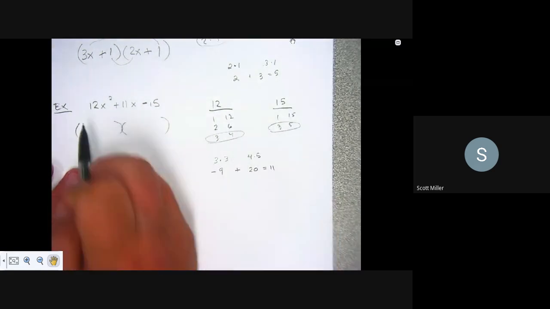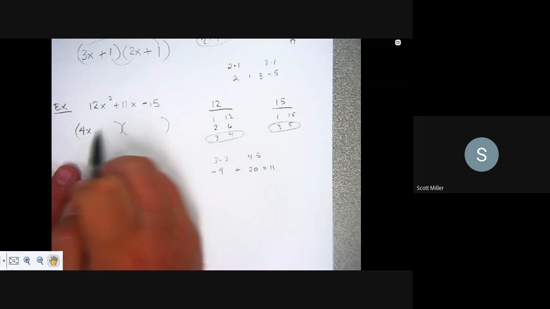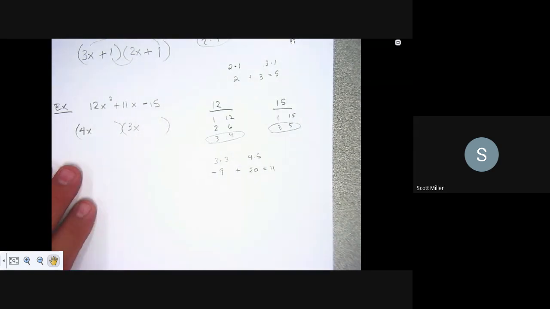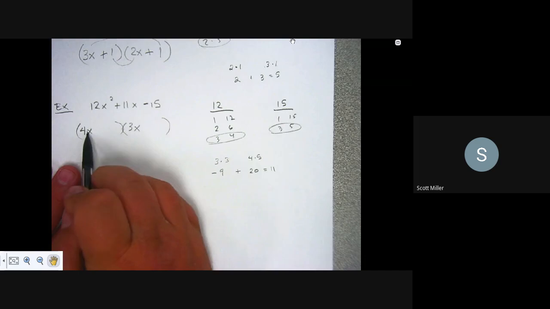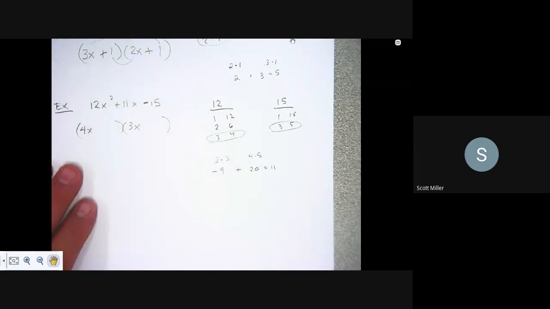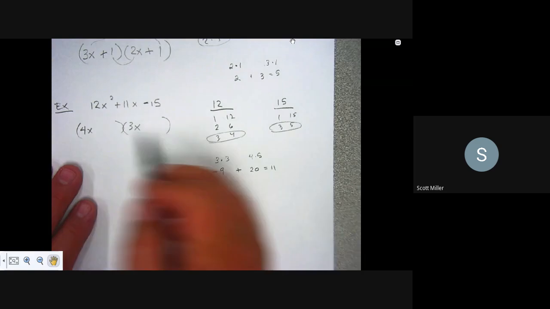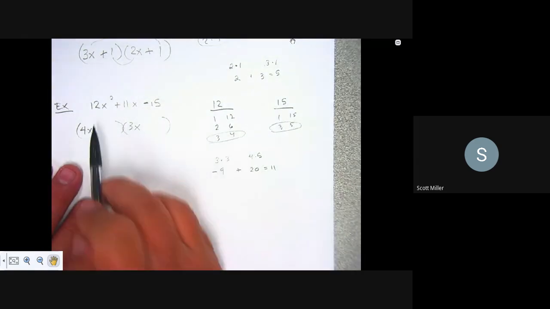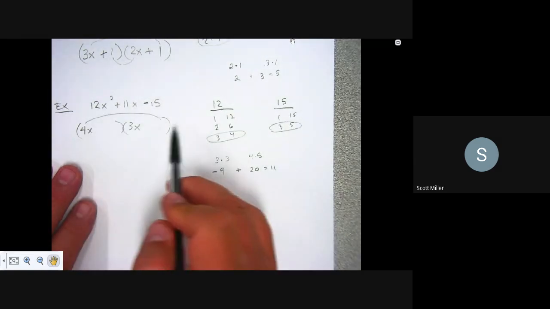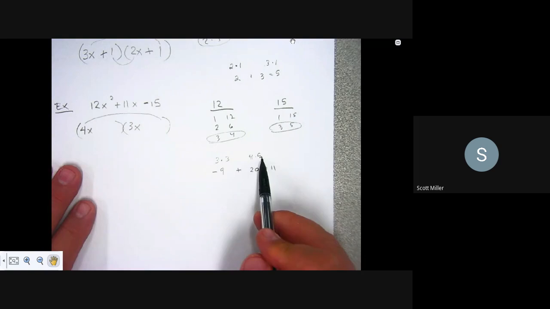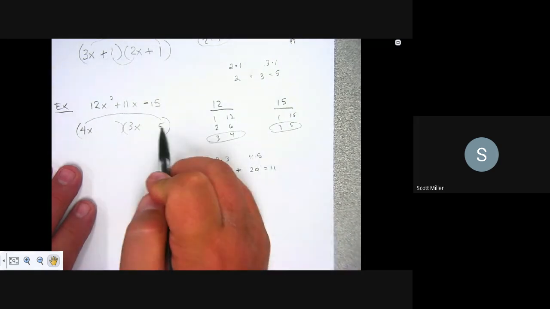Front numbers, 3 and 4. That times that is that, yes. Now, you can't just throw these in here wherever you want. This 4 multiplies to that number. 4 multiplied to the 5, so this number has to be 5.